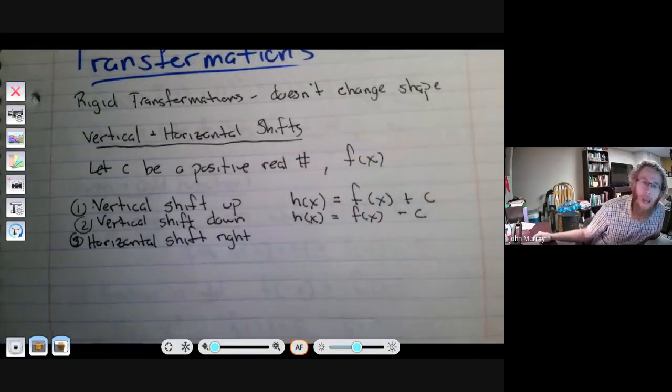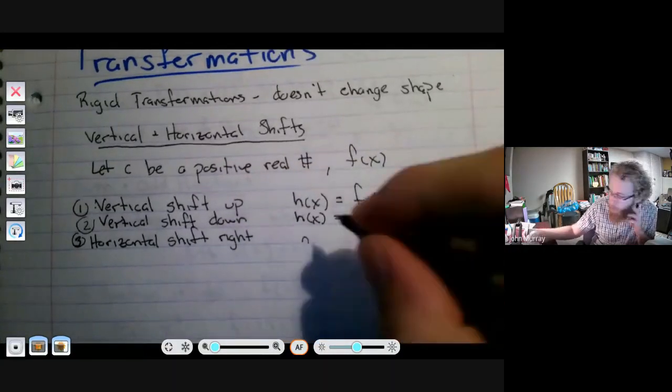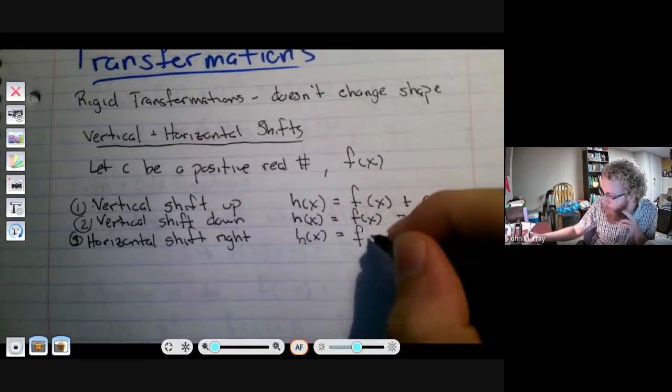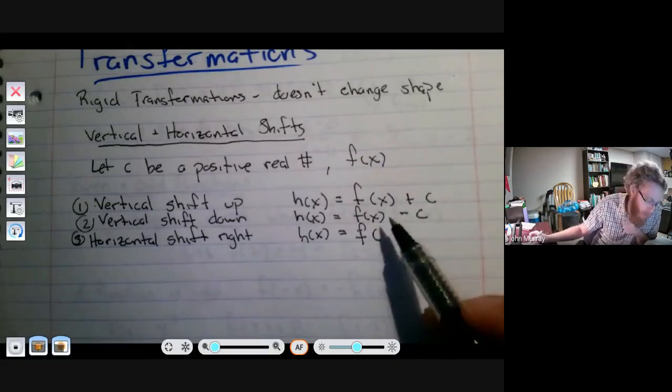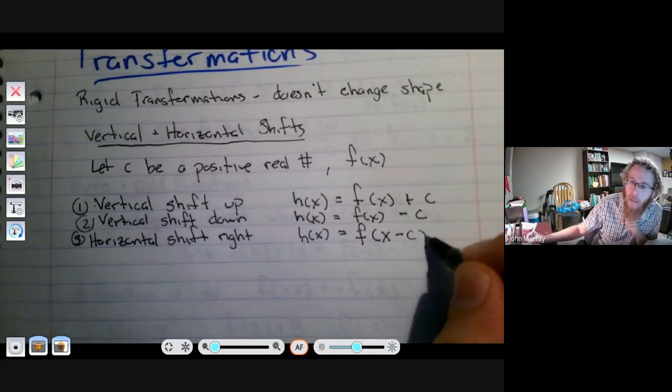Okay, if I want to have a horizontal shift, my new function, I'm going to manipulate now inside the parentheses, and I'm going to have x minus c.